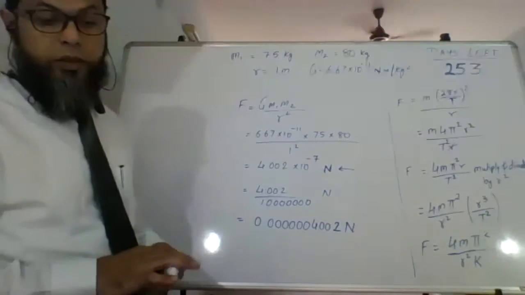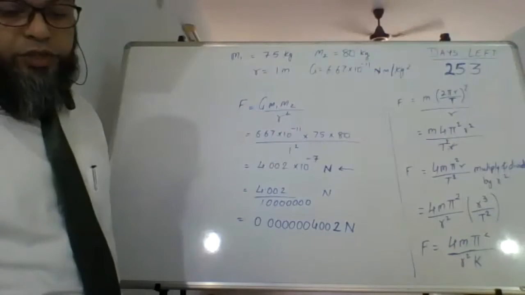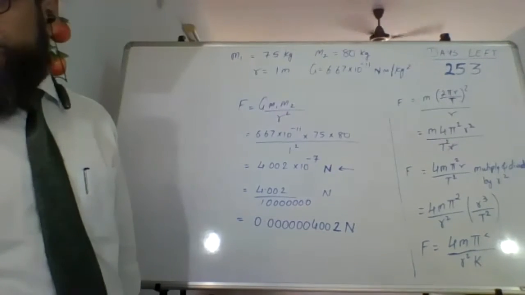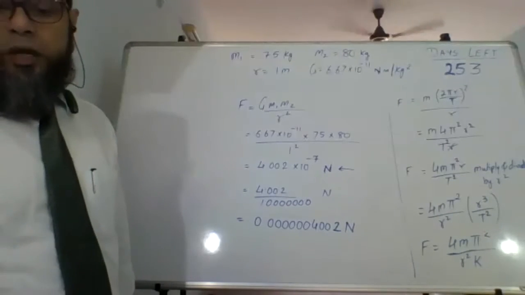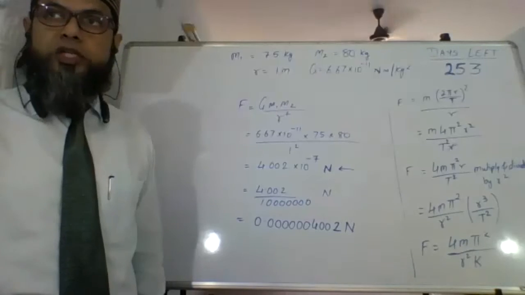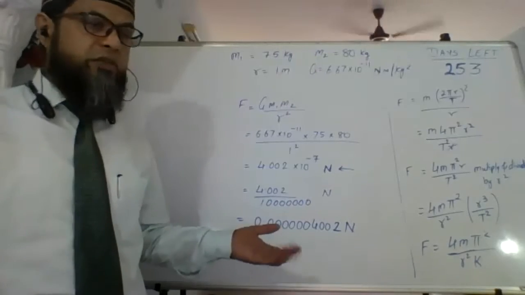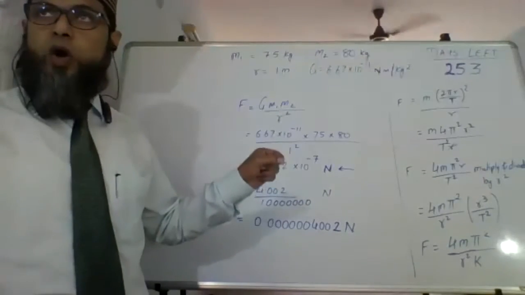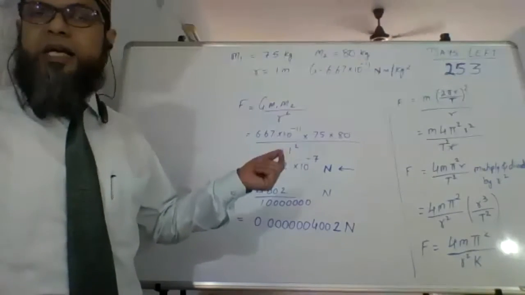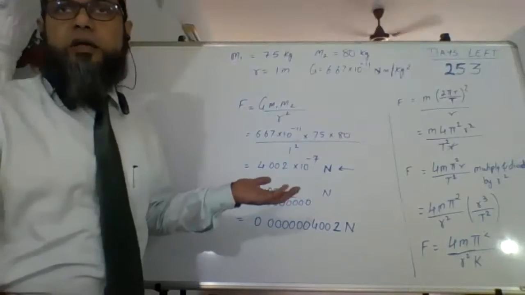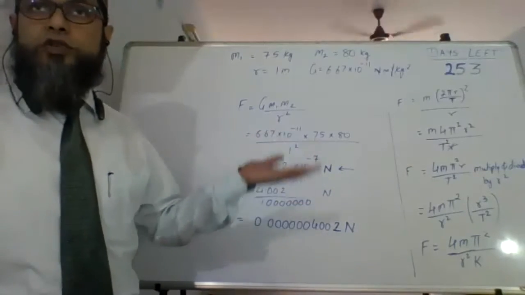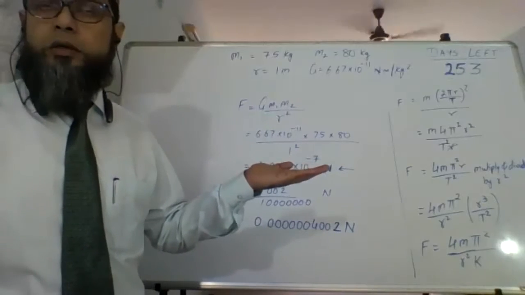Now, this is the kind of force with which a person is being pulled towards it. This force is very, very negligible, because what is 1 Newton? Even if you lift a small coin, a 25 paise coin or 50 paise coin or 5 rupee coin, the force with which you are lifting that coin would be roughly 1 Newton.